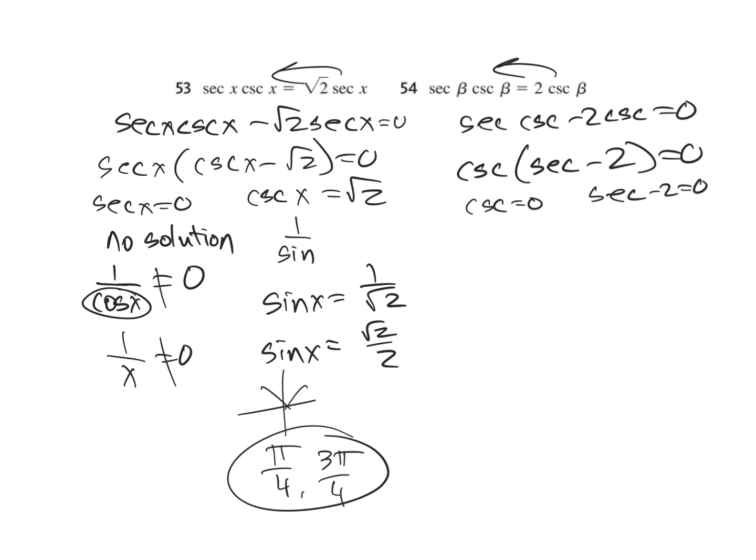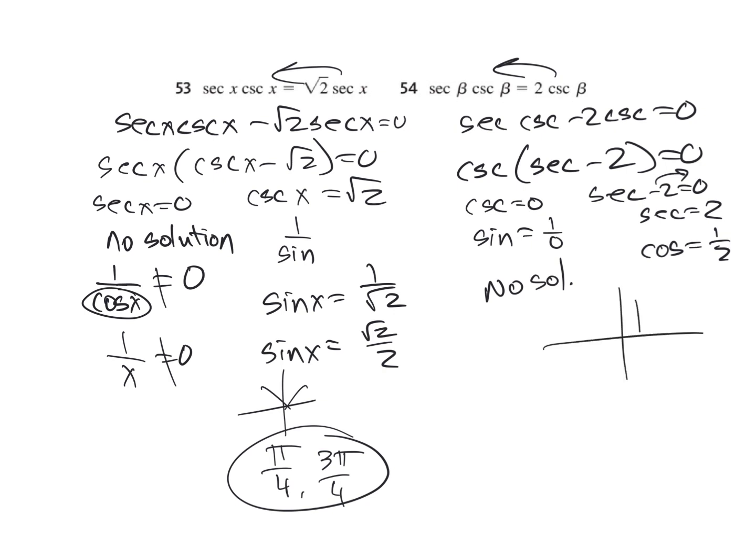Cosecant is 1 over sine, so sine is 1 over 0, which is no solution, okay? And the secant is equal to 2, or 1 over cosine, so cosine is equal to 1/2. Where's x 1/2? Positive 1/2 in those positions. So that would be pi over 3 and 5 pi over 3.